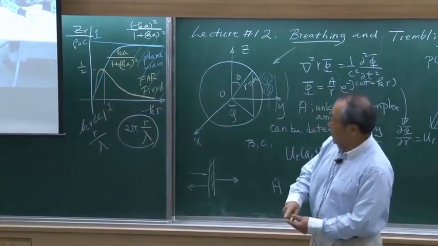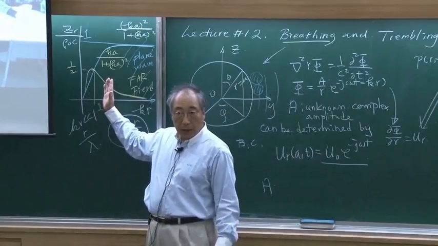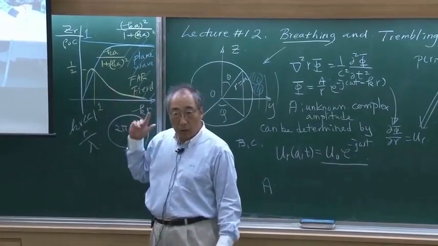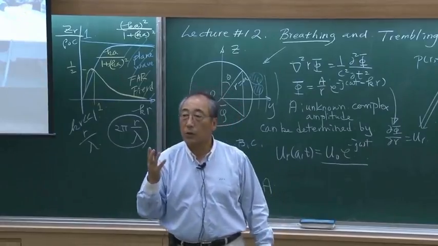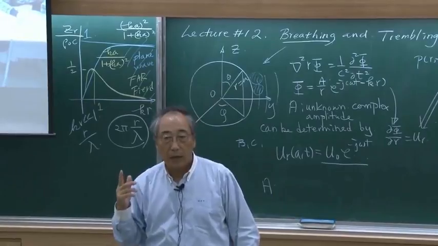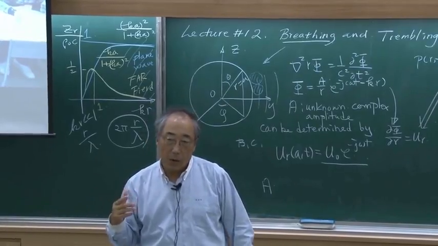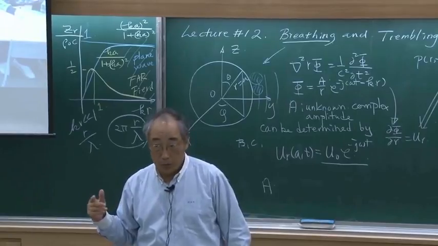So the imaginary part increases up to when Kr is 1. What's the meaning of Kr equal 1? Kr equal 1 means 2 pi times r divided by lambda is 1. So that means r over lambda is 1 over 2 pi.